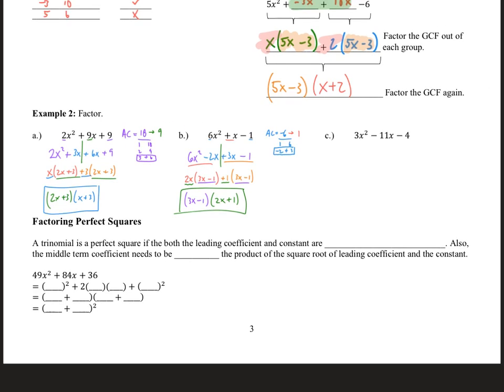So, recognition. When I asked you guys the other day about writing down those perfect squares 1 through 15 and starting to recognize those, this is really where that comes in handy. If you don't recognize that, you can cause yourself some headaches. So a trinomial is a perfect square if both the leading coefficient and constant are perfect squares.